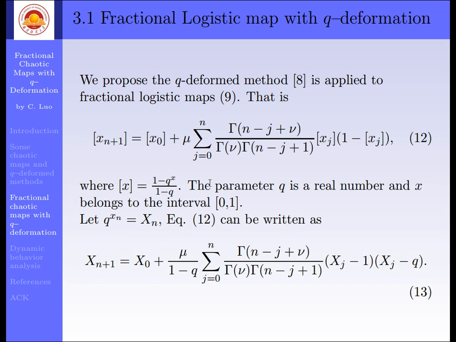The parameter q is a real number, and x belongs to the interval [0, 1]. Let q^(x_n) be equal to x_n. Equation 12 can be written as equation 13. At this point, we get a kind of deformed fractional logistic map, equation 13.